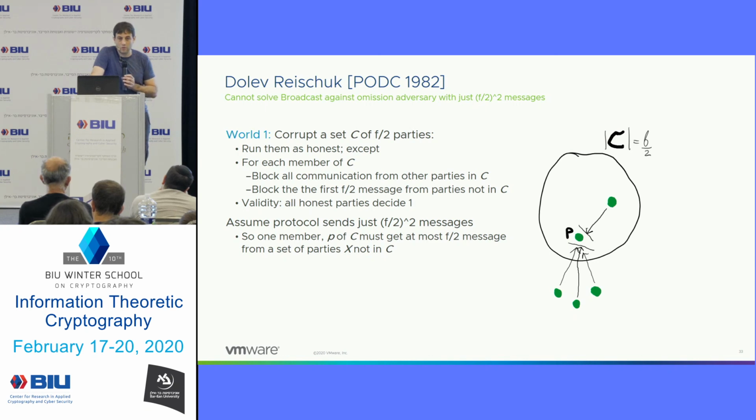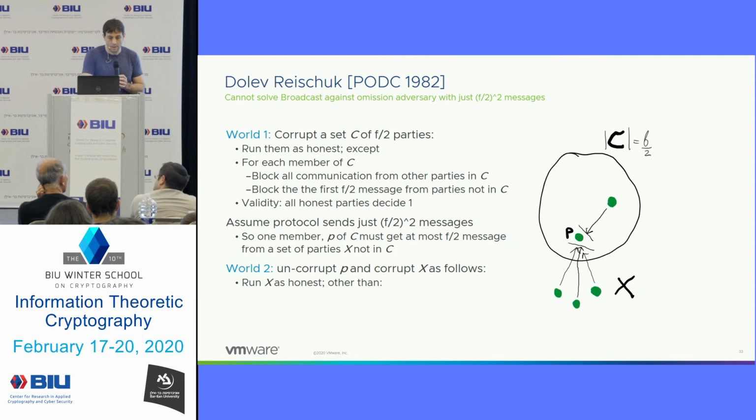And now what we're going to do is flip the switch on who we corrupt, because all we've done is omission failures. In an omission failure, we can decide to corrupt either the sender or the receiver. So we'll just flip this switch. Here's X, the group of parties that are sending P a message. Since P received at most f over 2 messages, this set X is also small, only f over 2.